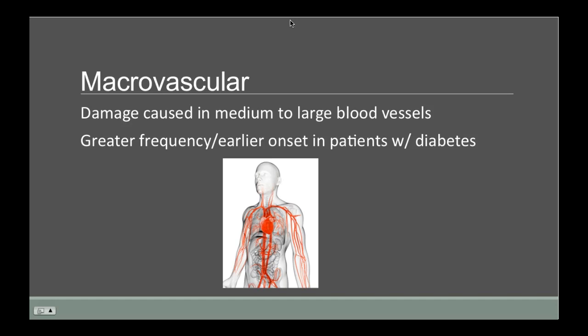And this can be seen with greater frequency and earlier onset with patients that have diabetes. So what happens is cerebrovascularly, they could end up with a stroke. In their heart, they end up with hypertension, heart disease, and in their peripheral vascular, they end up with poor circulation, PAD, and PVD.